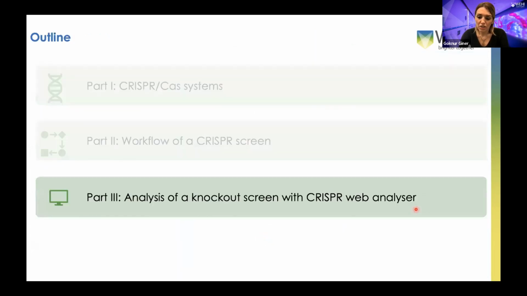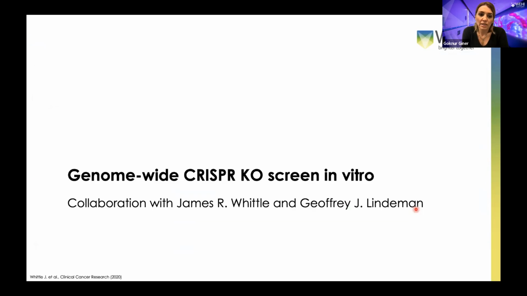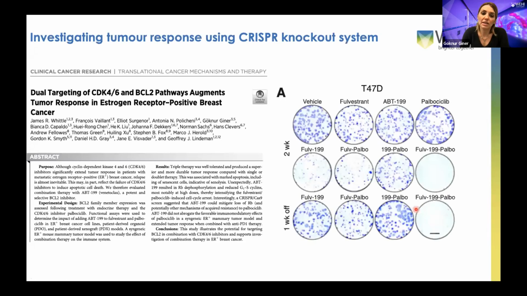So let me walk you through this example data set by using our tool. The data is something we analyzed in 2020 and published with James Whittle and Jeffrey Lindman from WEHI. They conducted a genome-wide CRISPR knockout screen in different cell lines.